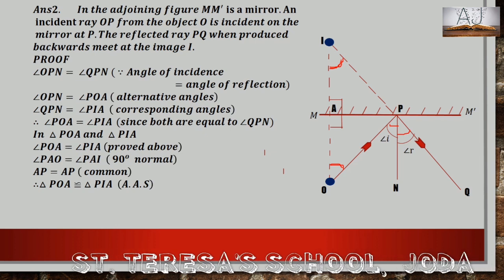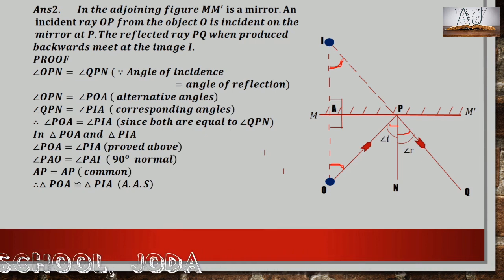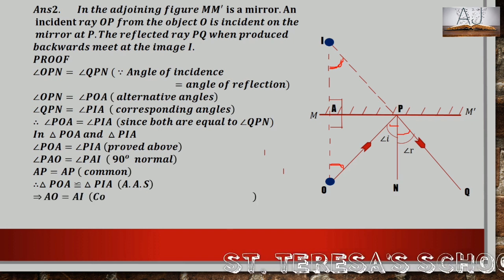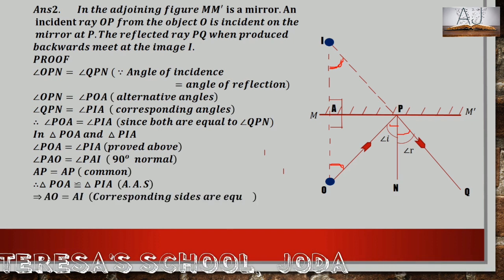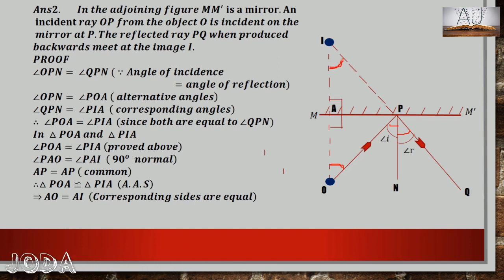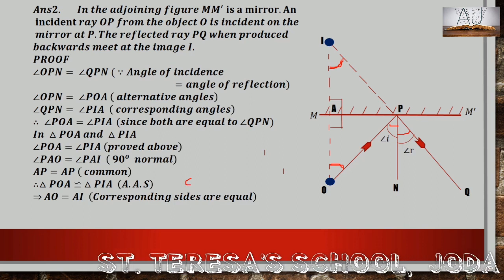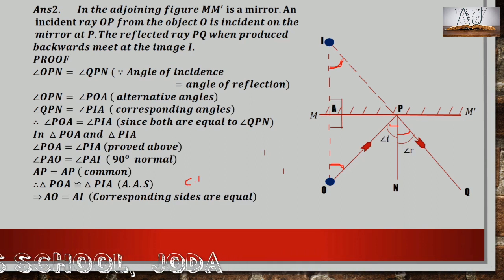Therefore, triangle POA is congruent to triangle PIA by the angle-angle-side criterion. If they are congruent, AO is equal to AI by CPCTC, corresponding sides of two congruent triangles are always equal. We say it as CPCTC.